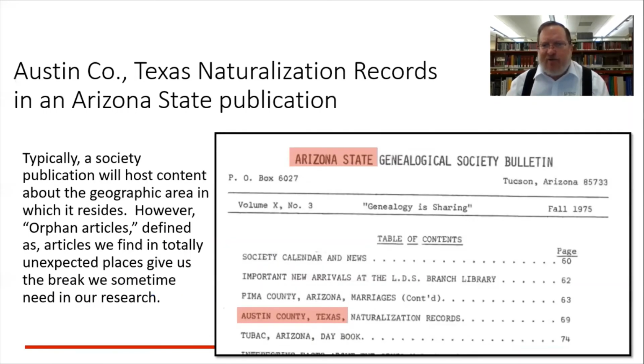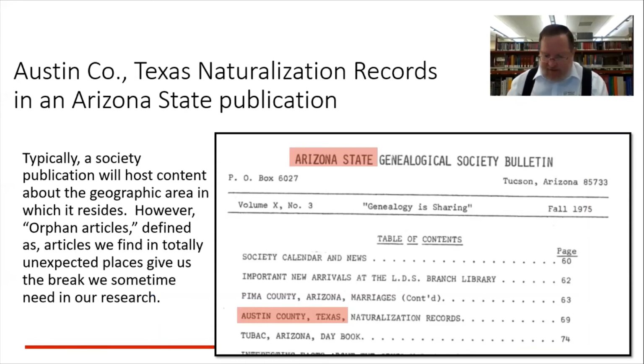Now, I talked about orphan records, and this is where periodicals and an index would be very helpful. So in this case, somebody that was living in Austin wrote and sent to an Arizona State Genealogical Society naturalizations for Austin County, not Austin, Texas, but Austin County, the Belleville area outside of Brenham.